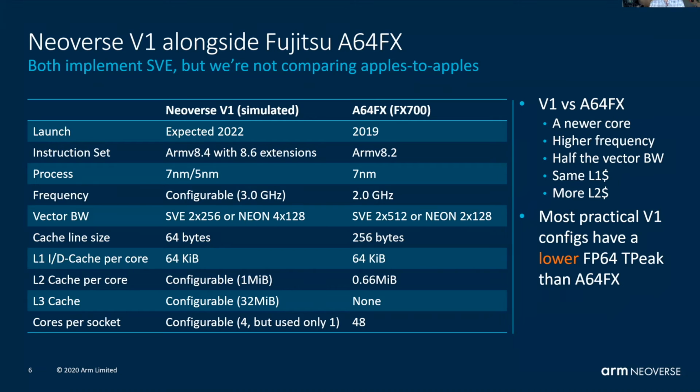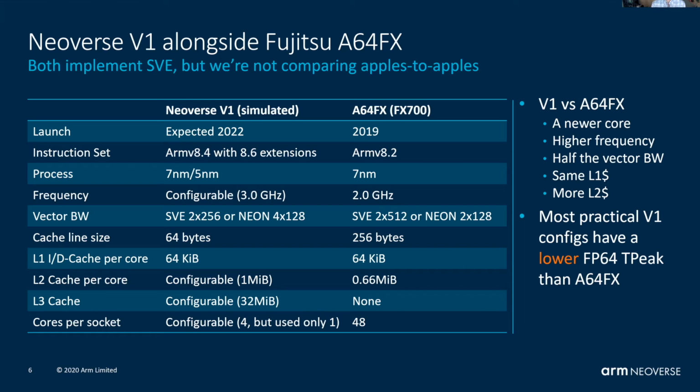There are generational differences between the platforms. The Neoverse V1 implements the ARM v8.4 instruction set architecture with extensions all the way up to 8.6. The A64FX implements 8.2 with some later extensions. Process differences: they can both be in 7 nanometer, but the V1 can also go to 5 nanometers. Frequency: there are a couple of parameters here that are configurable.